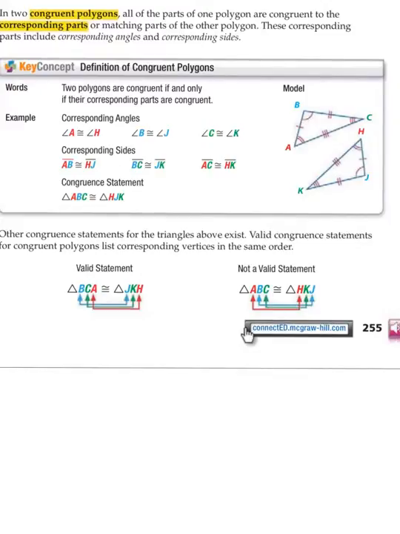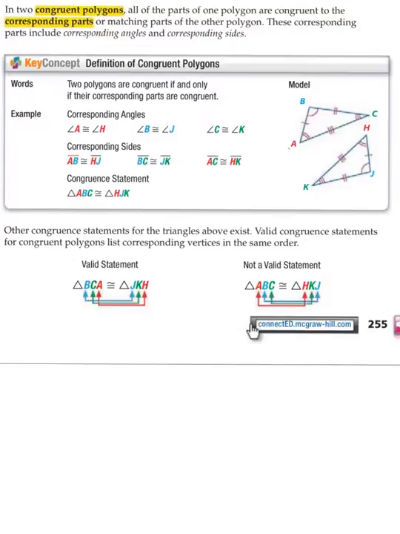But what we have to do is look at the corresponding parts and see if we can make a congruent statement, or if given a congruent statement, we can pull out the corresponding parts. Now, in this case, we have our drawing, and we have specific angles that match up with specific angles in a second triangle. So our A is marked to be congruent to H, so we are empowered to say they are congruent.